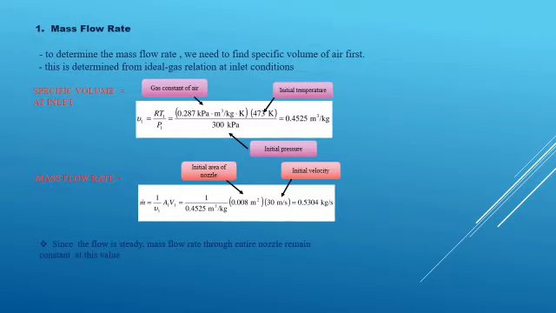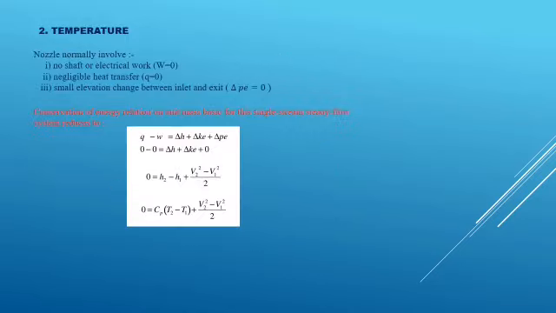After we obtain the specific volume at inlet value, we put it into the mass flow rate equation, which is M equal to 1 over V1 multiplied with A1 V1. A1 stands for initial area of nozzle, while V1 stands for initial velocity. Okay, since the flow is steady, mass flow rate through entire nozzle remains constant.